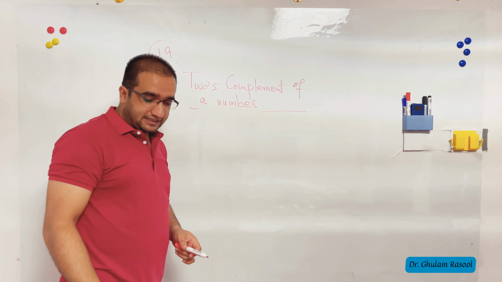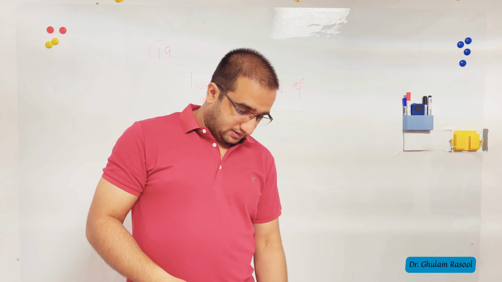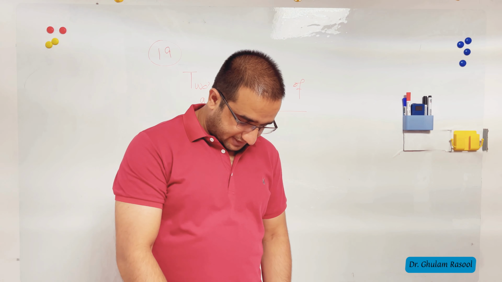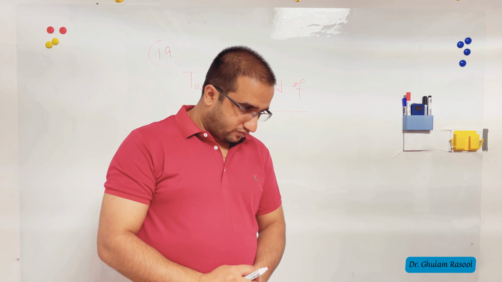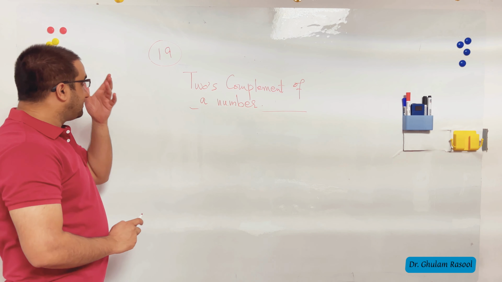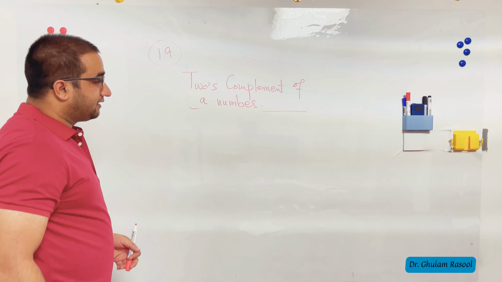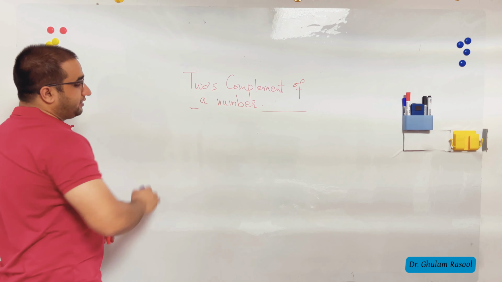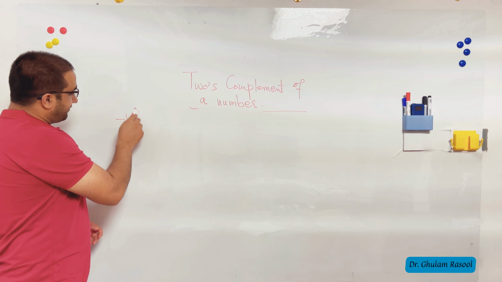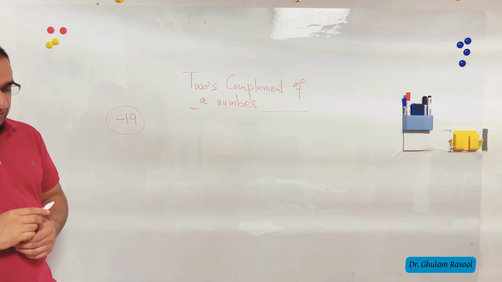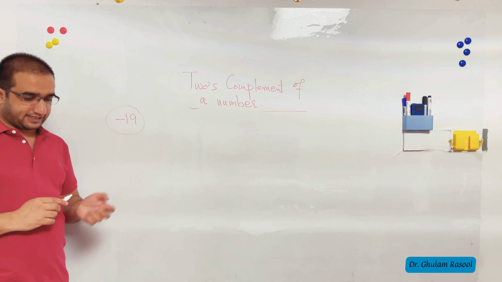We have been dealing with positive decimal numbers. So what will be the process if you have to find, for example, the 2's complement of negative 19?